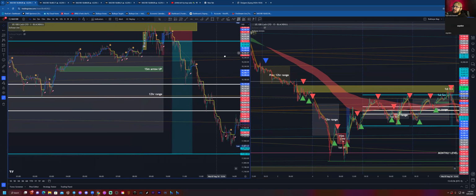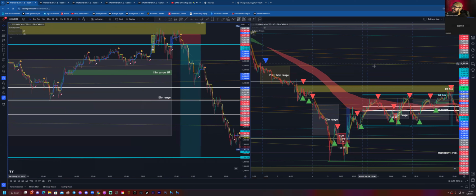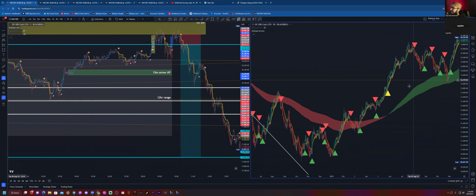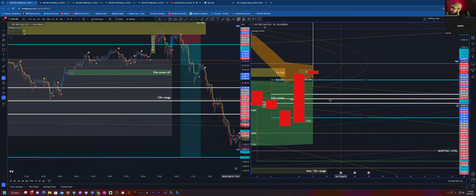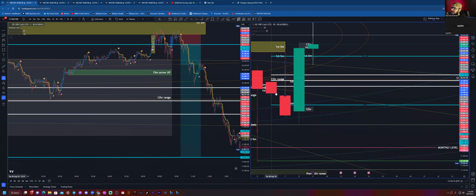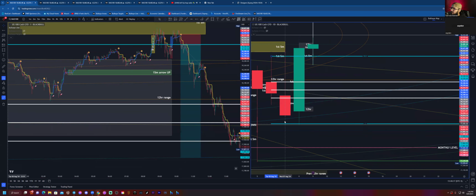Hope this is making sense. Thursday. All right, here comes Thursday. What are we going to do? Previous day high and low. Okay, so we just relocate. We relocate the low to Wednesday low and the high to Wednesday high.